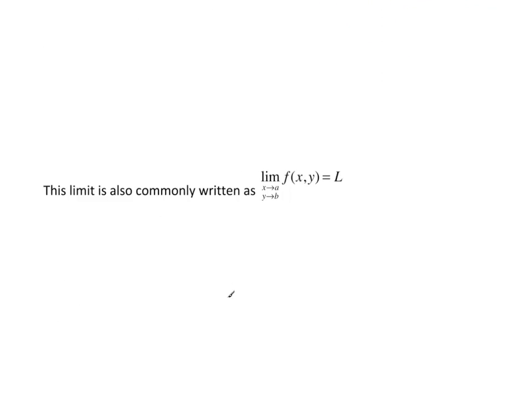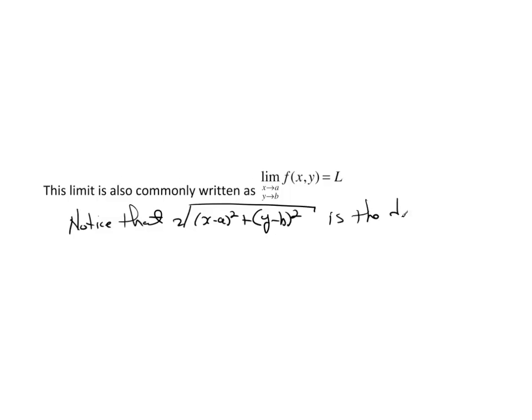Now, notice here that this radical, the square root of (x minus a) squared plus (y minus b) squared, is really just the distance between (x, y) and (a, b).